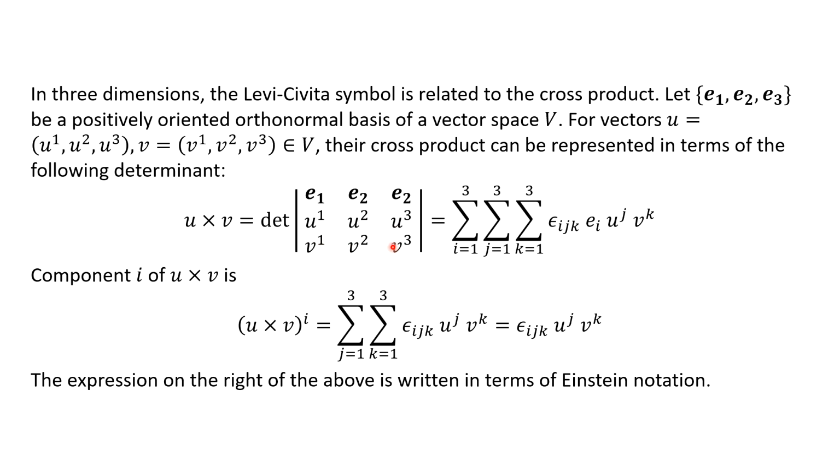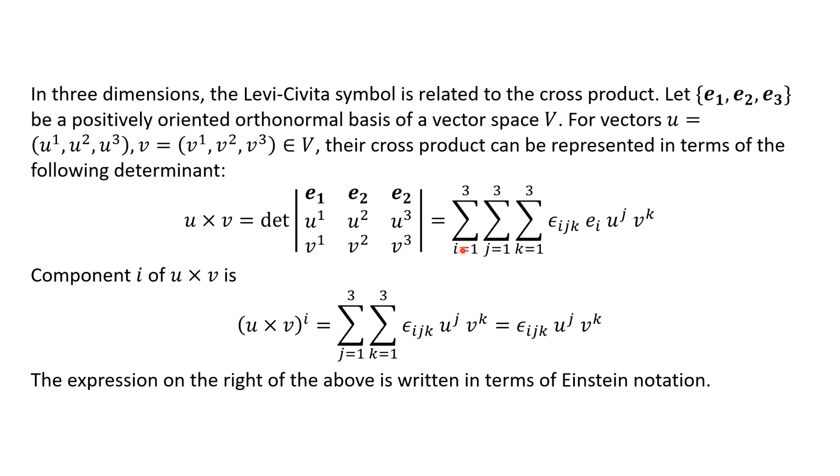second and third row, and that can be written this way here, and here's where the Levi-Civita symbol appears. This is just giving you a plus or minus sign, which is related to how the determinant gives you a plus or minus sign when you do the computation. So you have this triple sum, and then the ith component of this is this here.